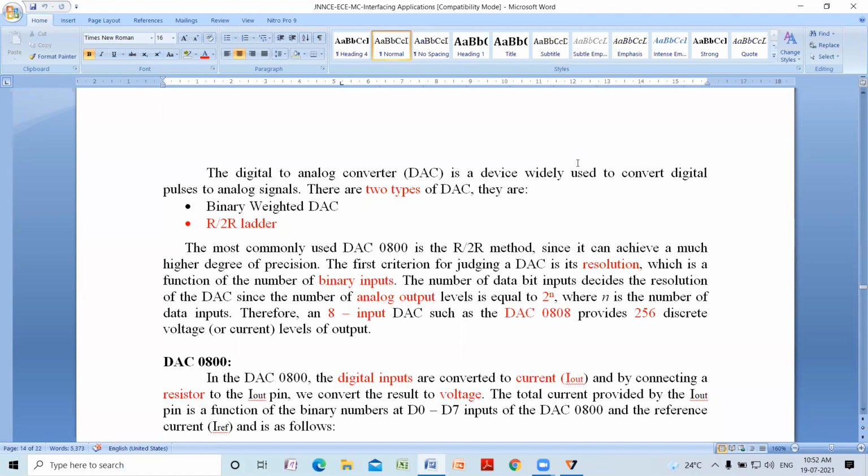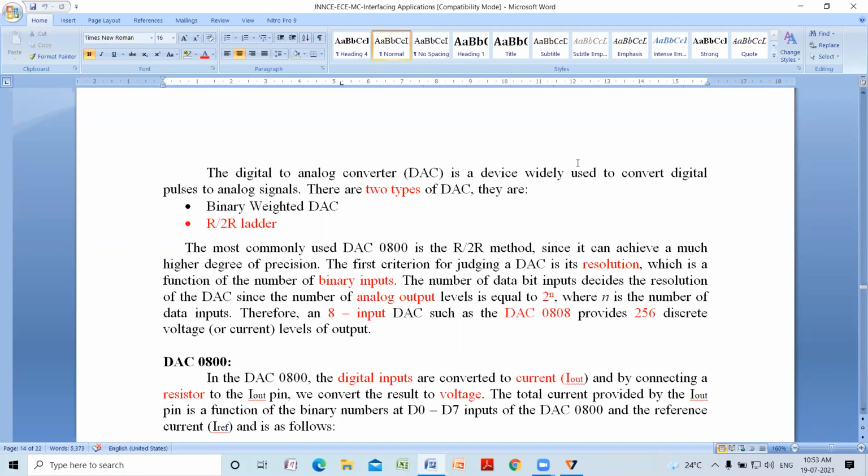One is binary weighted DAC, the other one is R to 2R resistor ladder network, where the DAC 0800 is a family which is based on the resistor ladder method. R to 2R, resistor ladder method, it is called. It is normally used because it can achieve higher degrees of precision.